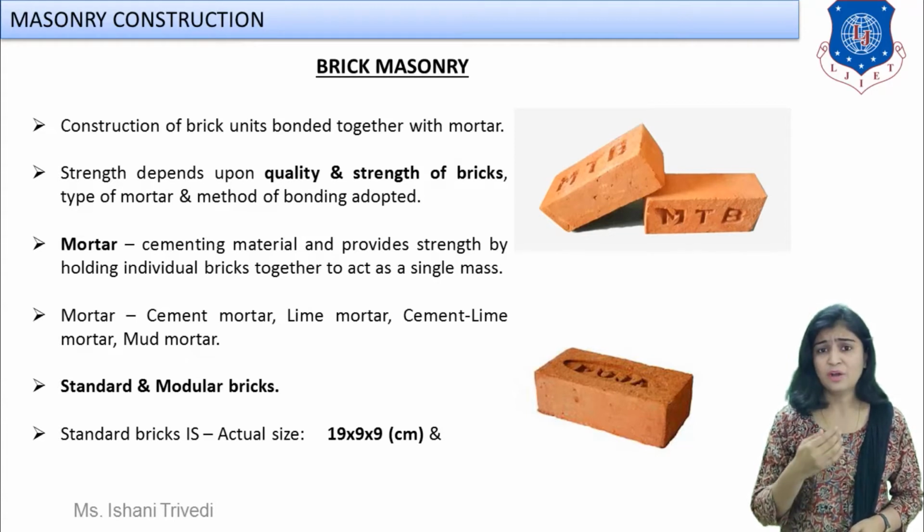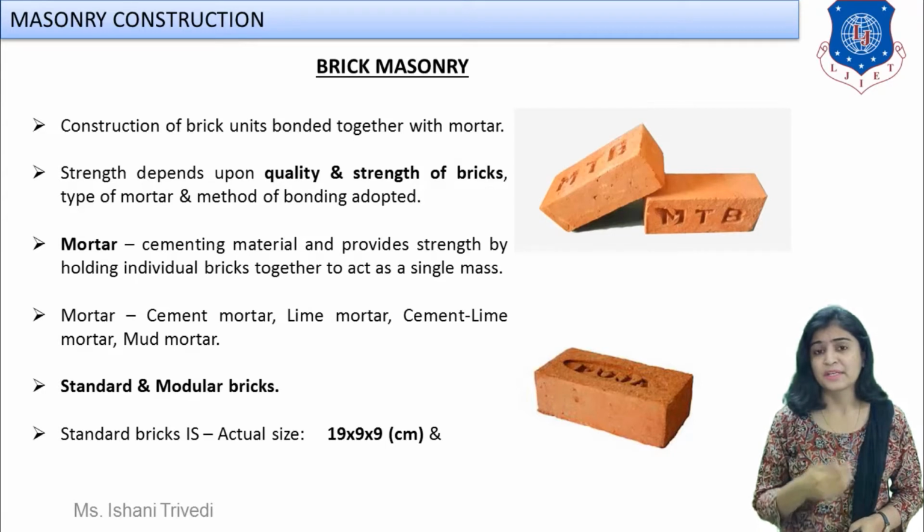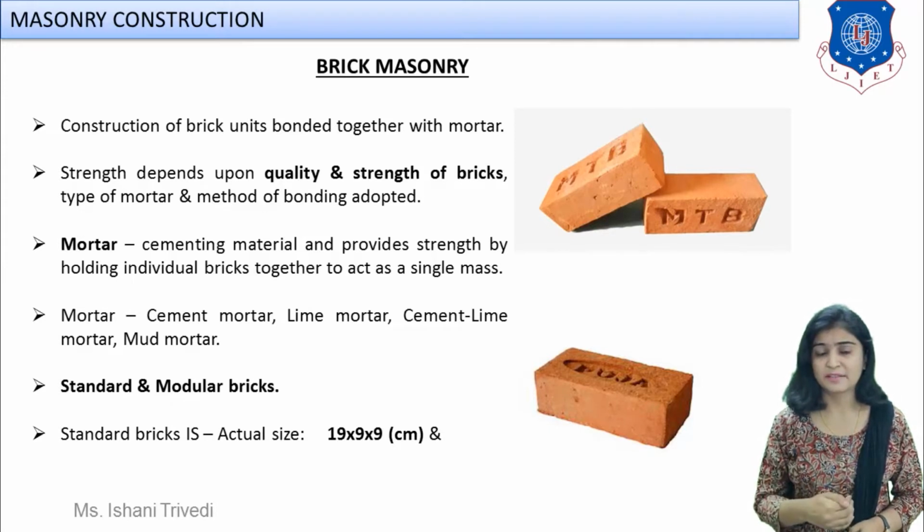So now when you are discussing brick masonry, it means that you are constructing a wall using bricks as the building units, the building blocks. So how do you study this type of construction? It means that you are going to construct different types of bonds in the brick masonry, right?